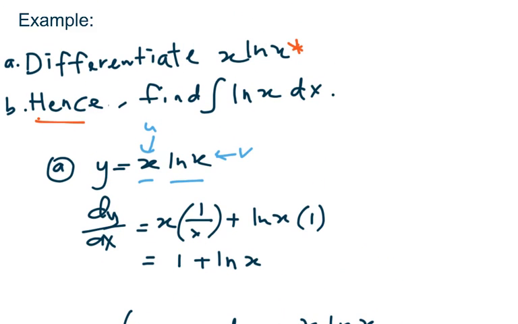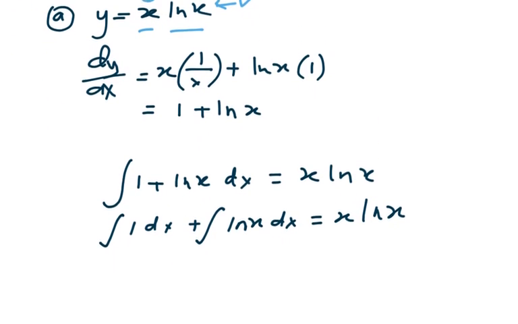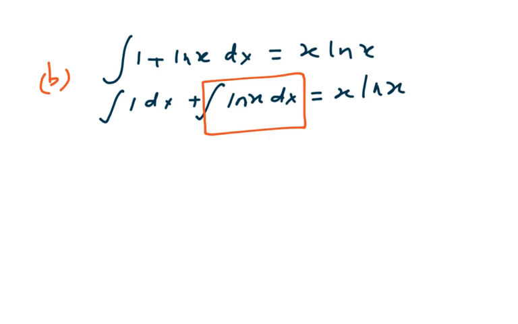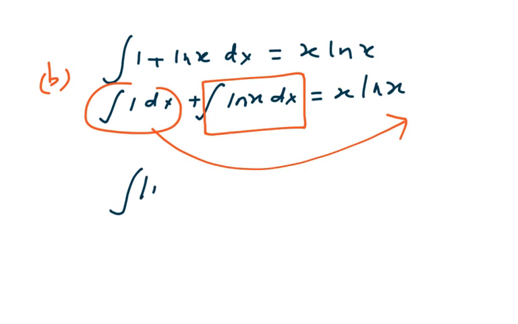Go back to the question of part B. The question is asking to find the integration of ln x dx. If you look at what you get here, this is the exact part that the question is asking for. So hence, to solve part B, what you need to do is you bring this to the other side, where the next step will be integration of ln x dx equivalent to x ln x minus integration of 1 dx.